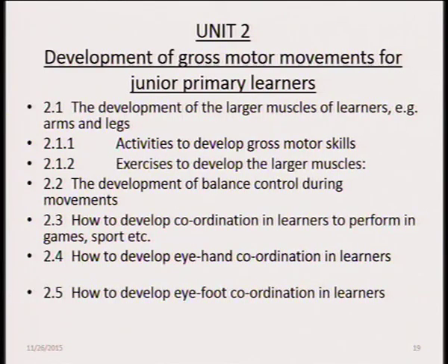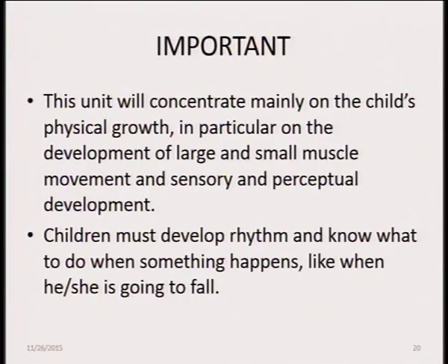The development of balance control during movements. How to develop coordination in learners to perform in games and sport, etc. How to develop eye-hand coordination in learners. How to develop eye-foot coordination in learners that they use during the classes during the other subjects also.